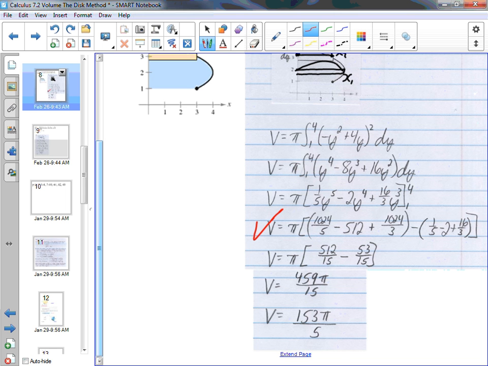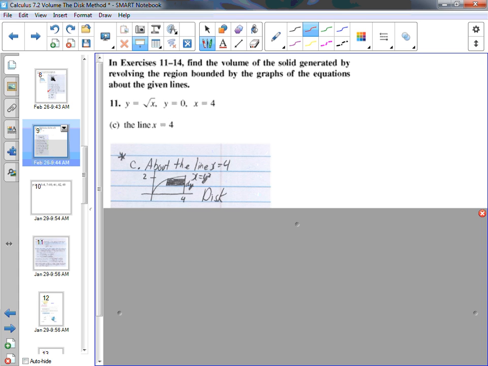All right. Let's do number 11, part C. Number 11, part C says find the volume of the solid generated by revolving the region bounded by the graphs of the equations about the given lines.